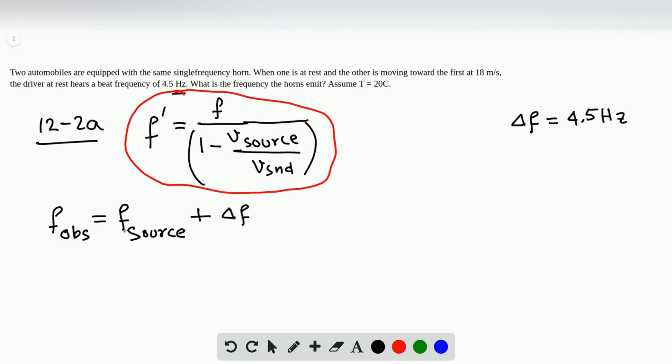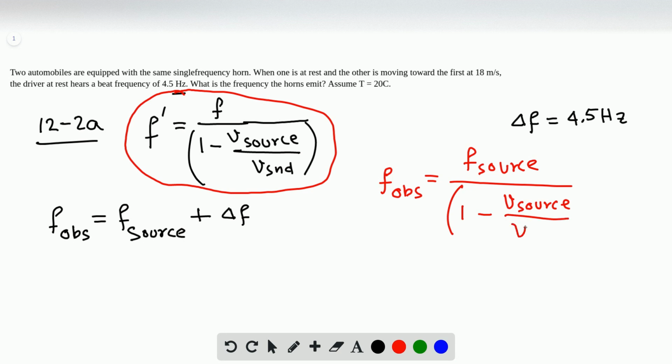If we write this equation in terms of source and observer, we get F observed equals F source divided by 1 minus velocity source over speed of sound. For our case, we're assuming 20 degrees Celsius, so the speed of sound will be 343 meters per second. So we'll be using that.